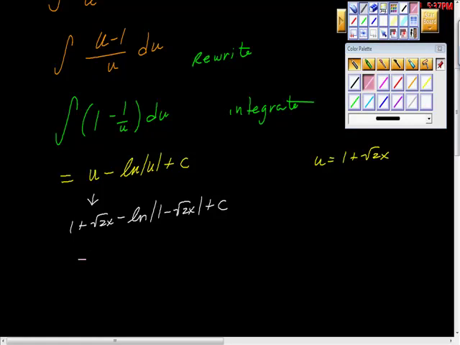The answer is just going to be equals the square root of 2x minus ln of 1 plus square root 2x plus c sub 1. I don't know, let c plus 1 equal the new c. It doesn't matter. I'm just trying to give you some description why I got rid of that.